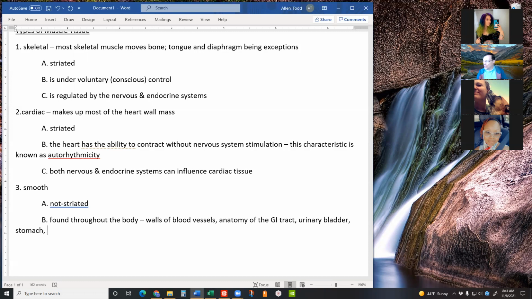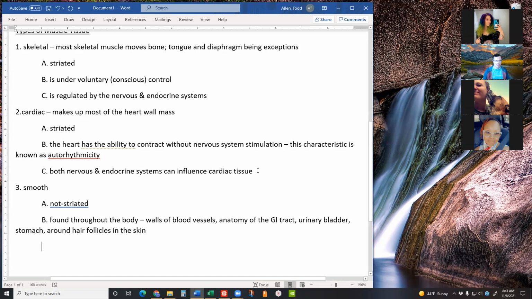You're going to find smooth muscle tissue around the follicles that are embedded in the dermal layer of your skin, right? And so that helps give you goose pimples when you get cold or scared. So there's just a whole bunch of locations where smooth muscle tissue is found.